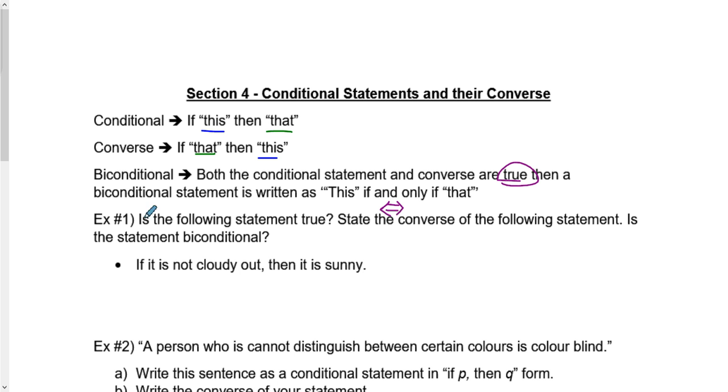So first example: is the following statement true? State the converse, and is it biconditional? Our first statement is, if it is not cloudy out, then it is sunny.